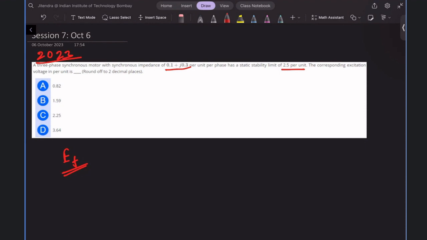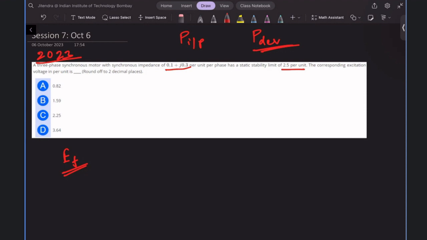So we have two things: either we can compute input power and developed power, but a stability limit is generally decided by our developed power, and how much power is being developed. It should not violate the limit. So the peak developed power will be 2.5 per unit, so 2.5 times your rated power.